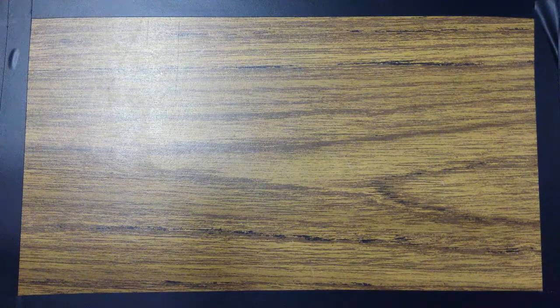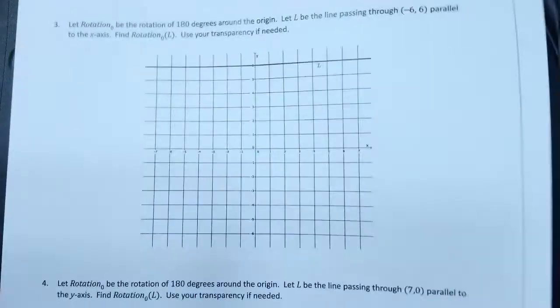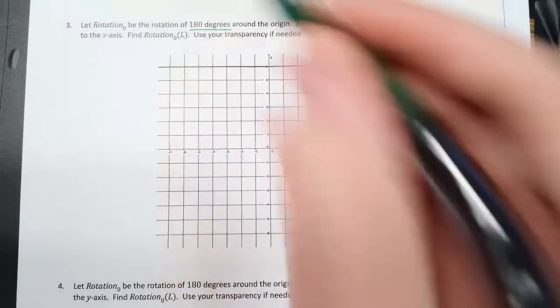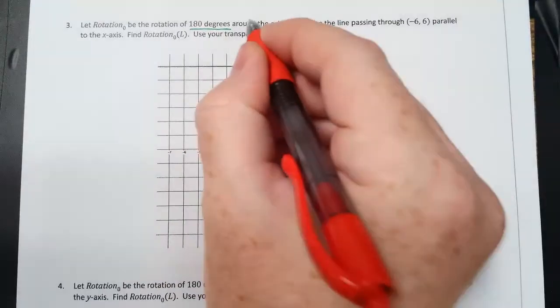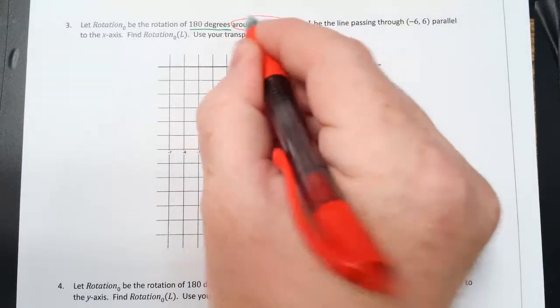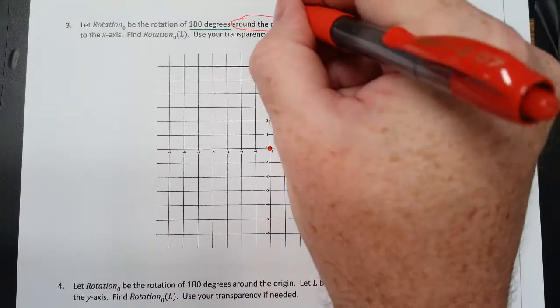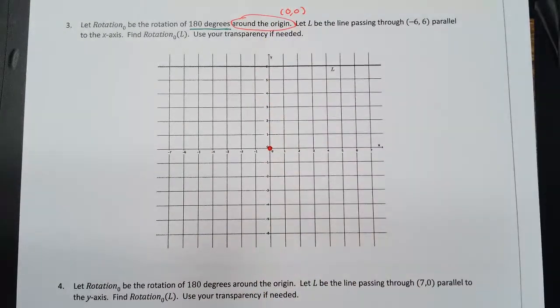Let's explore some more with number 3 on page 57. So this one says, let rotation 0 be a rotation of 180 degrees. So we're going 180 degrees again around the origin. So let me label the origin because that's what I'm going around. And remember, the origin is 0, 0.